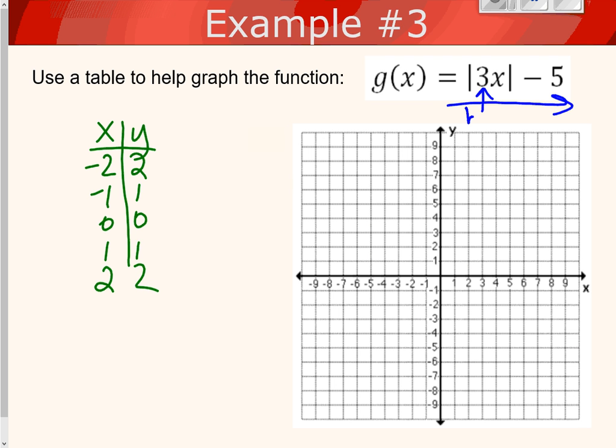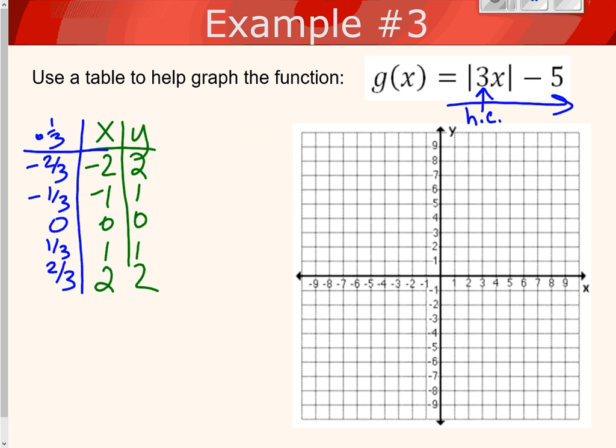So that is going to be a horizontal compression by a factor of 1/3. Multiply everything by 1/3, all my x values. Oh, this is not going to be too pretty. So that's -2/3, -1/3, 0, 1/3, 2/3.